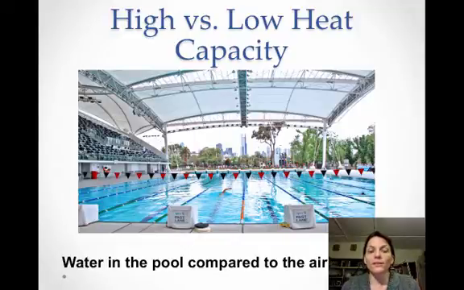Water has a pretty high heat capacity, as I just said, so the water temperature of the pool is going to stay pretty constant. This is an outdoor pool. It's probably in a really nice area. So that water in the pool is going to take a lot of energy to change temperature, whereas the air will cool down very quickly when the sun goes down. So the air has a very low heat capacity, and it will fluctuate quickly as you take away the energy.